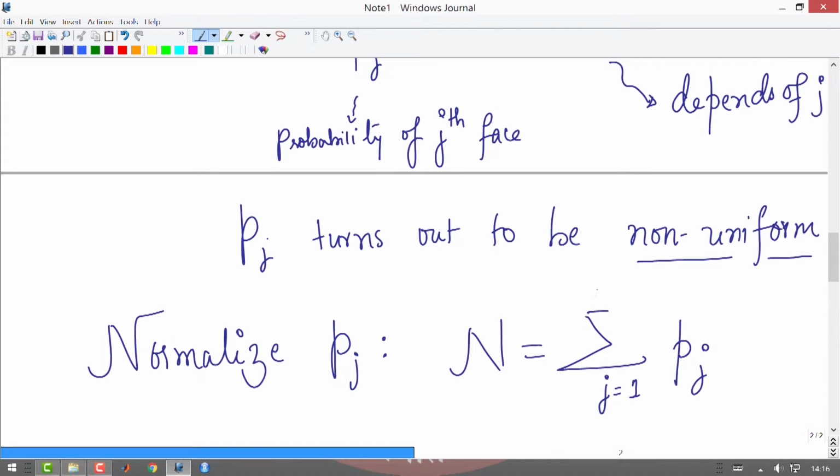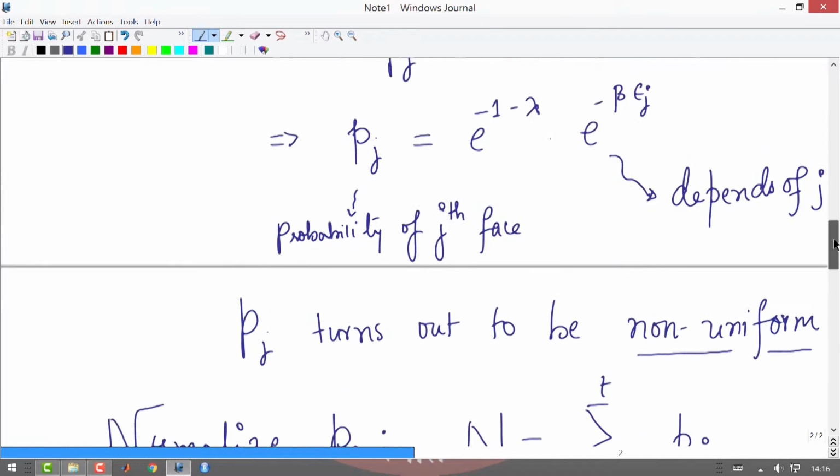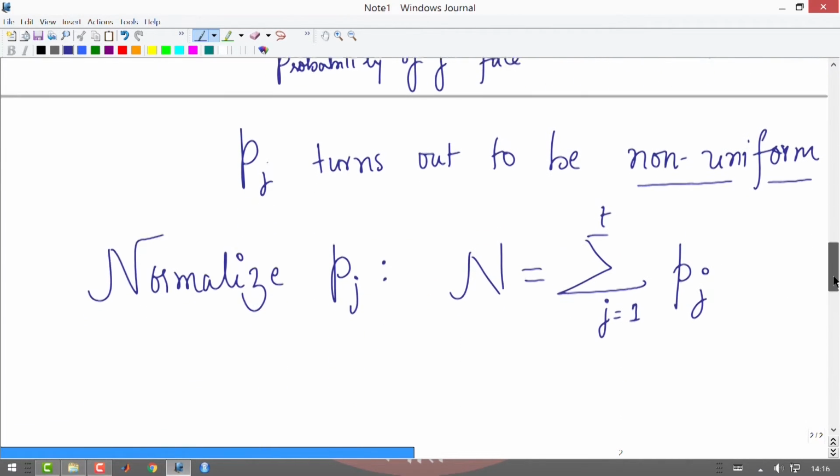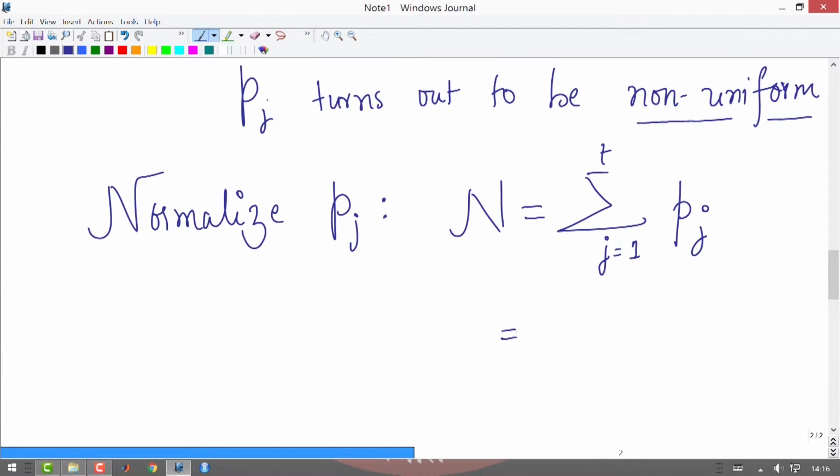This will go from 1 to t, and because the value of P of j is given here, if I sum it t times, it simply becomes e raised to minus 1 minus lambda into the summation over j of e raised to minus beta epsilon j.